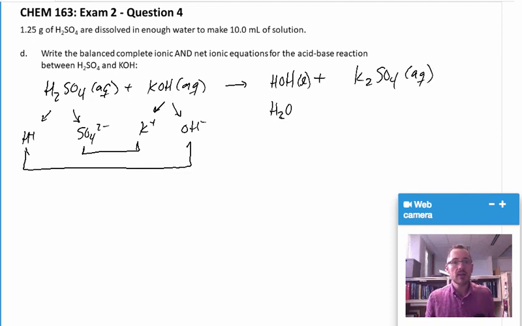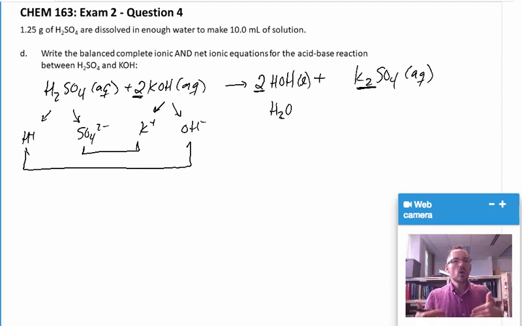And now I need to go through and balance. I have 2 protons in my sulfuric acid, which means I would need 2 protons in my water, listed as HOH. I would therefore need 2 hydroxides in my potassium hydroxide. And finally, I would need 2 potassiums in my potassium sulfate to balance out with the left.